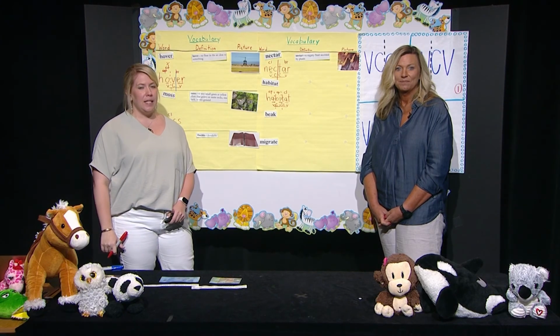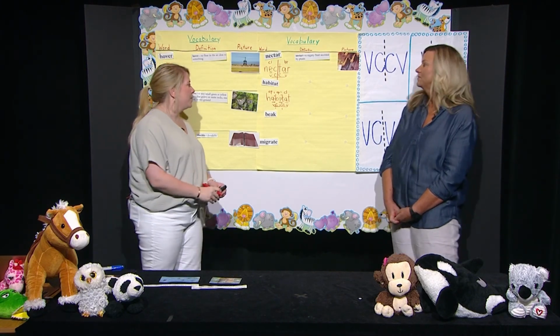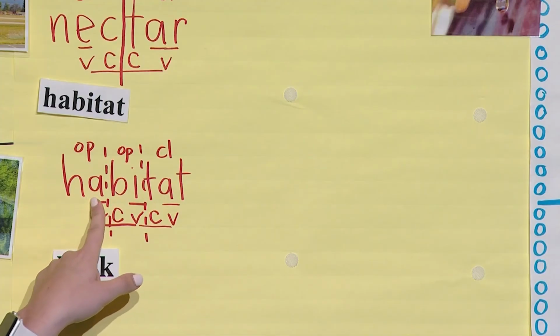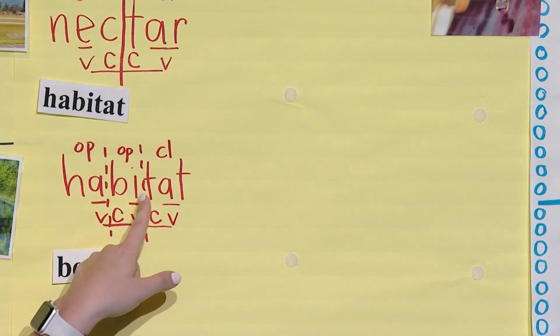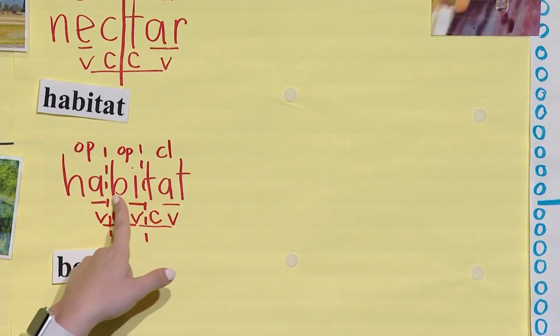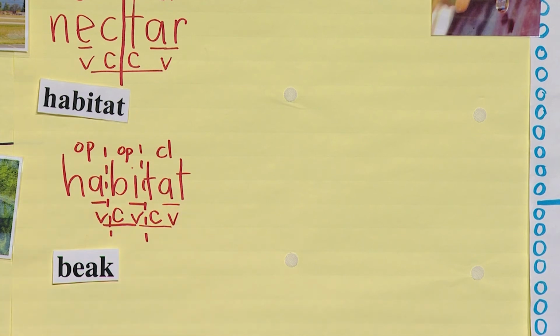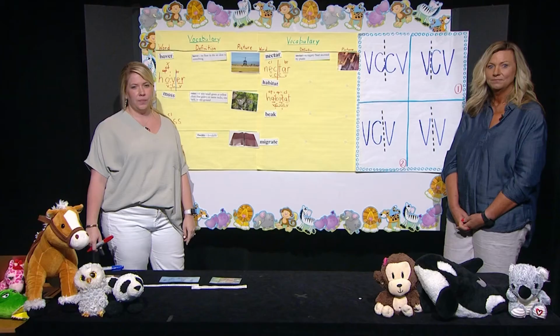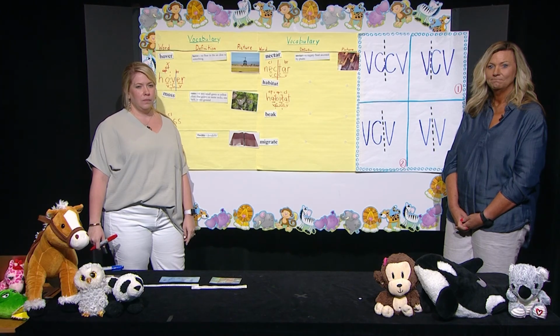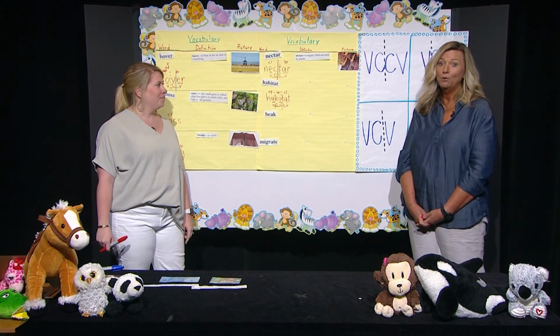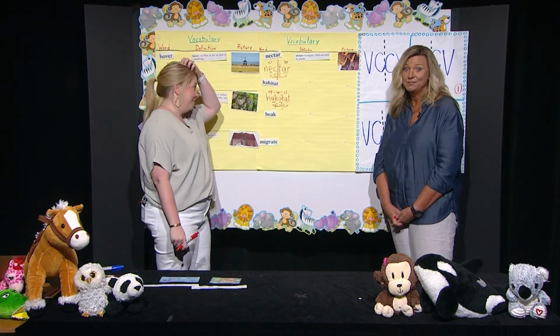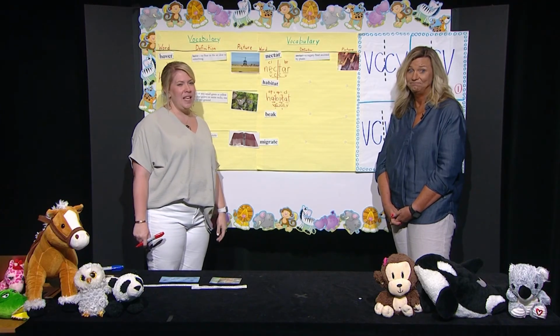All right, let's attempt to blend this word. A, b, I, t, at. Hey by tat. Does that sound like a word you recognize? Boys and girls, I don't think that sounds like any word I know. Me either.